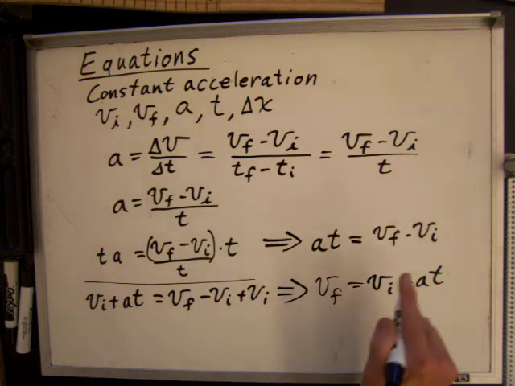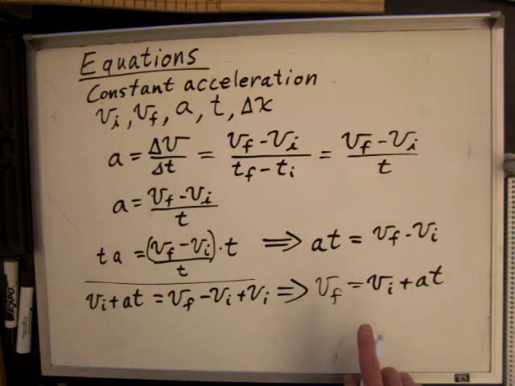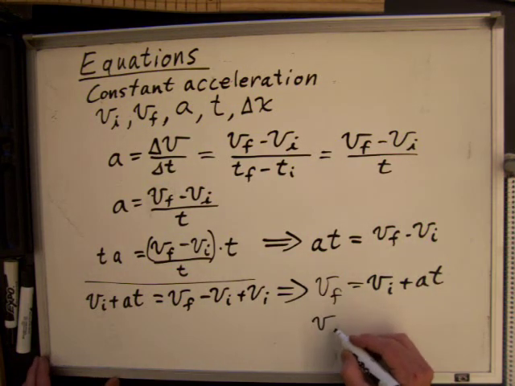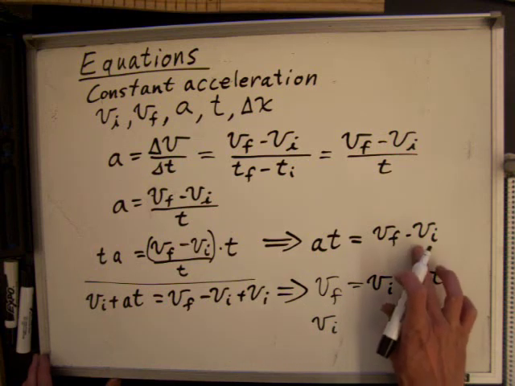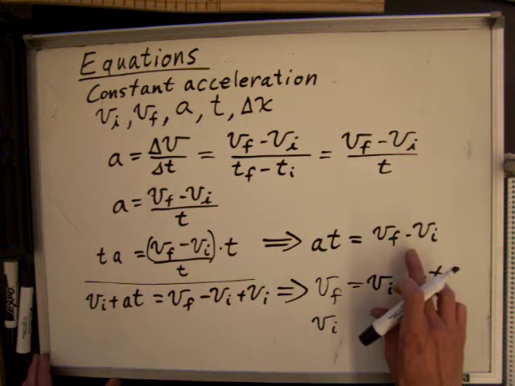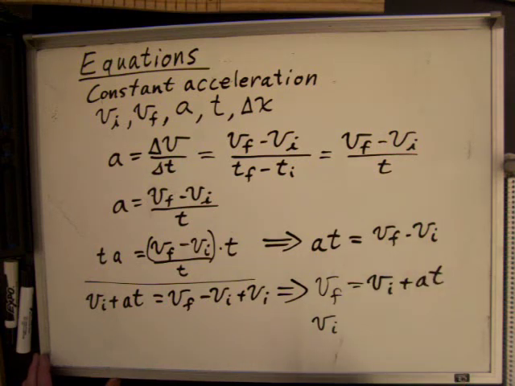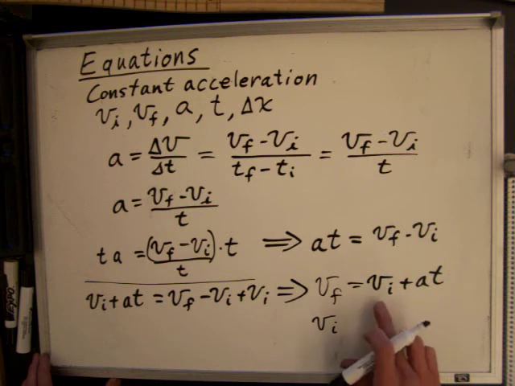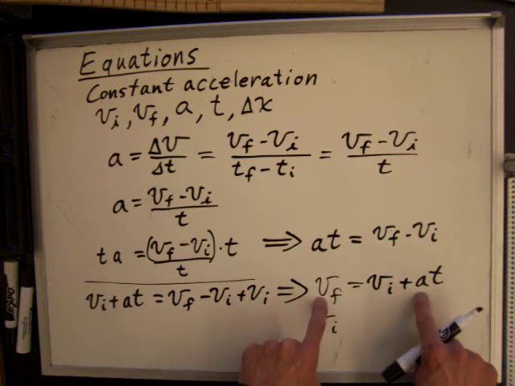Now I can do a very similar kind of manipulation to solve for VI, and I'm not going to write that whole thing out here. It would involve taking this equation and subtracting AT from both sides.